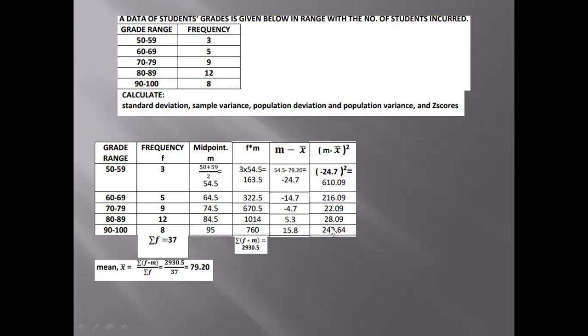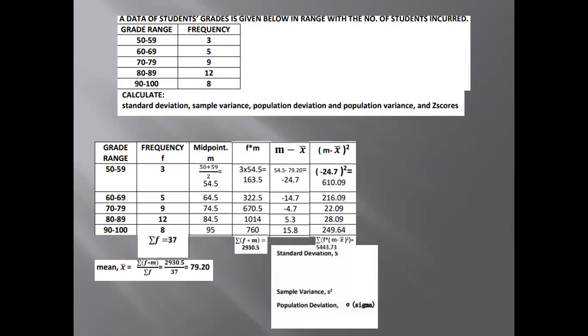The square of 5.3 is 28.09, and the square of 15.8 is 249.64. Afterwards, you're going to sum all these values, which gives us 5,443.73.